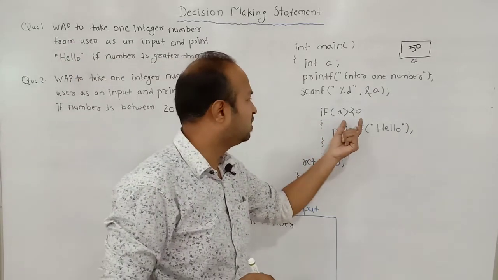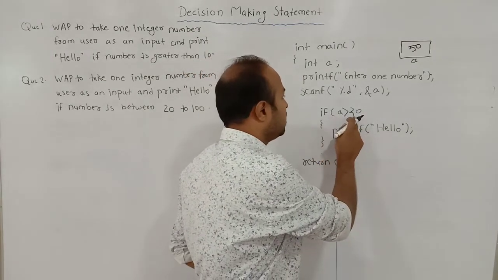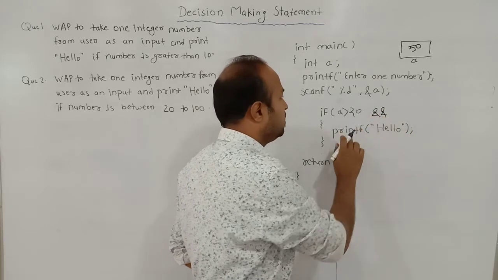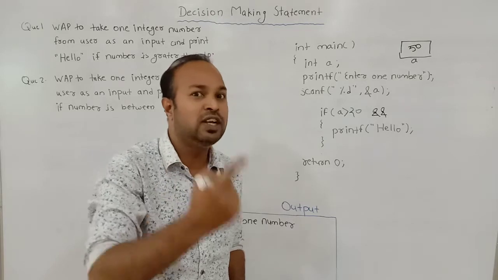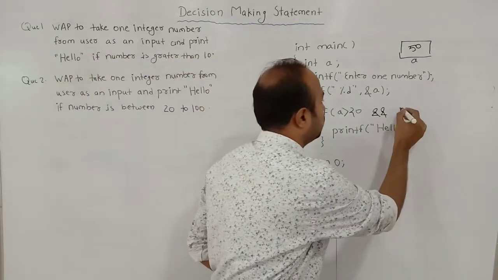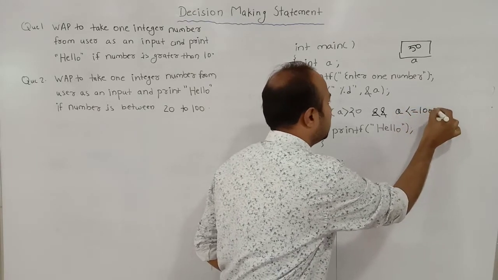So what condition will we write here? We will write a greater than 20, and here we will use a logical operator. We have to check two conditions: the entered number must be greater than 20 and less than 100. So: a greater than or equal to 20 and a less than or equal to 100.